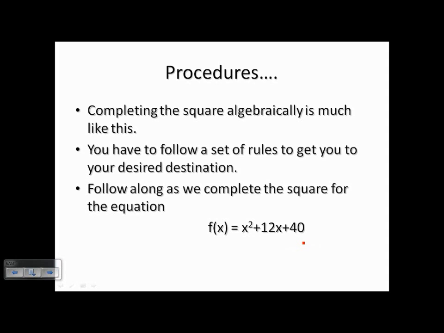So our example 1 is going to be: we're going to change f of x equals x squared plus 12x plus 40 into vertex form. All right, so what are we going to do?